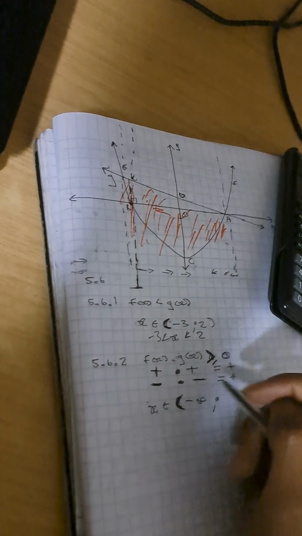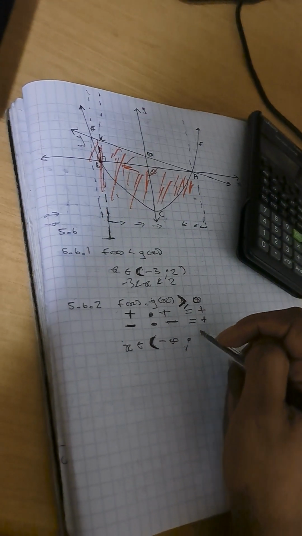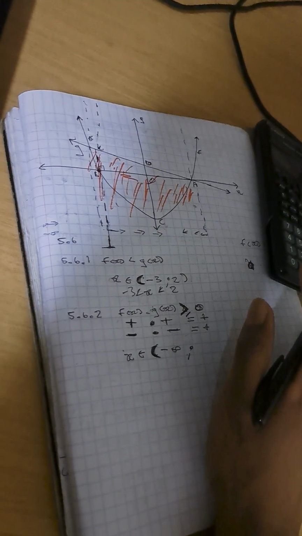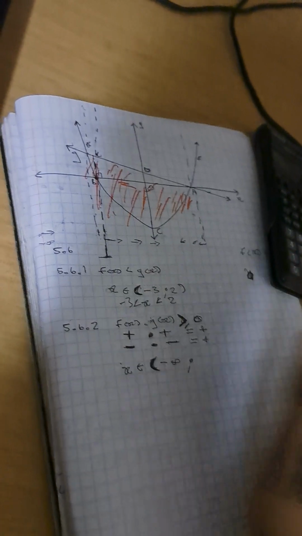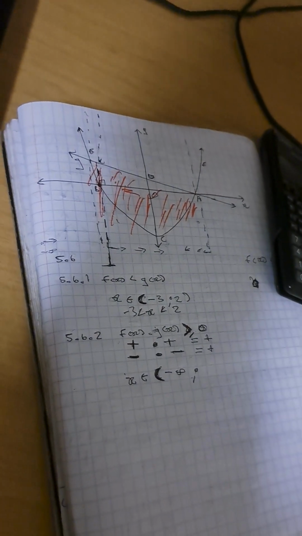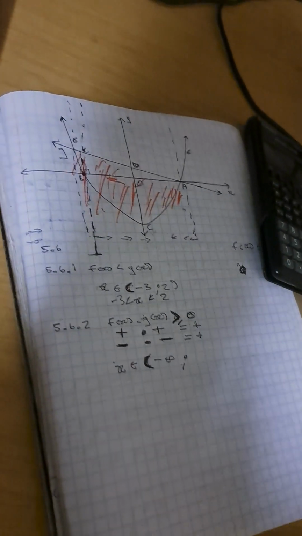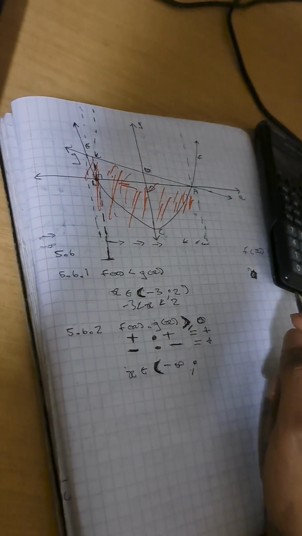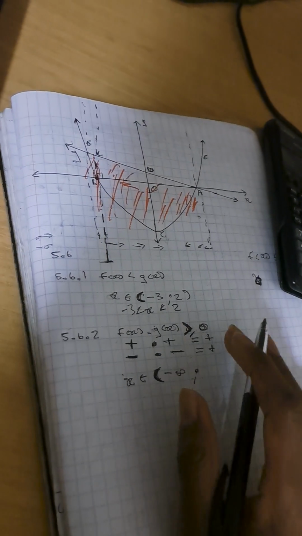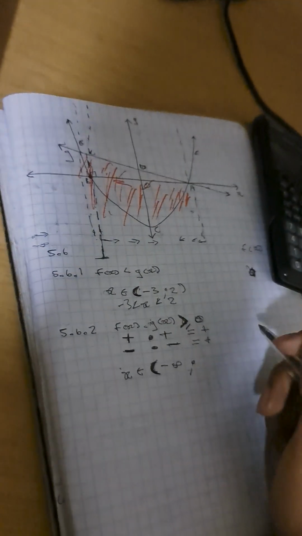I'm using this curly bracket because with graphs, there's no function that will ever touch infinity. It's impossible. You just can't touch infinity if you're a function. There's nothing that can touch infinity. So we have negative infinity there. So we use curly brackets because nothing will ever touch infinity. Only God can touch infinity.